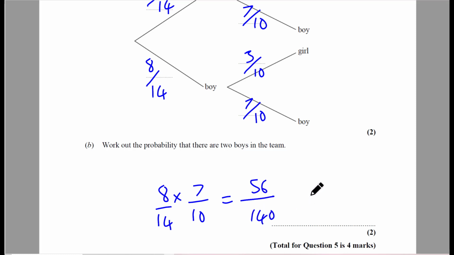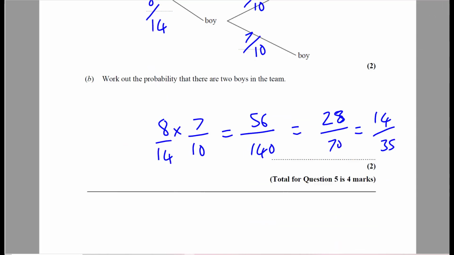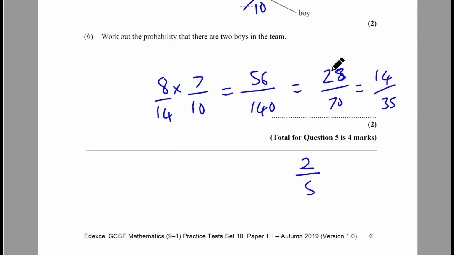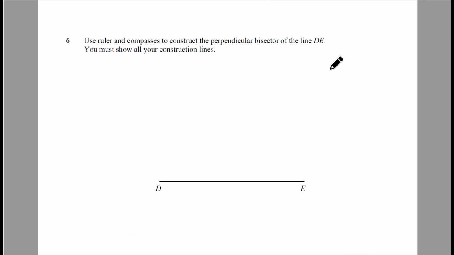That should get you the full marks because I didn't ask you to simplify it, but I like to do this out of habit. 28 out of 70, then 14 out of 35, and that's both divisible by 7, so the final answer is going to be 2 over 5. So that should be a comfortable 4 marks in your pocket.